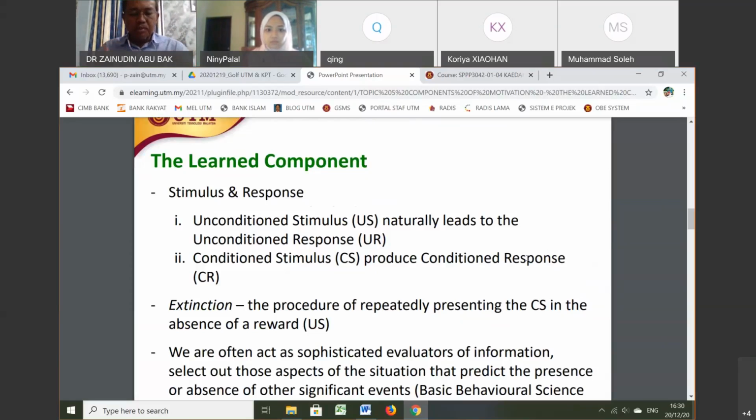For example, when we teach children or teach in the classroom about certain topics, our behavior in presenting the idea, the topic or the lesson will be observed by the learner. This is the unconditioned stimulus.